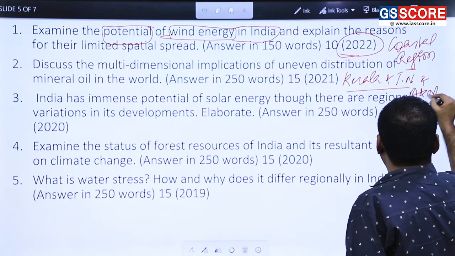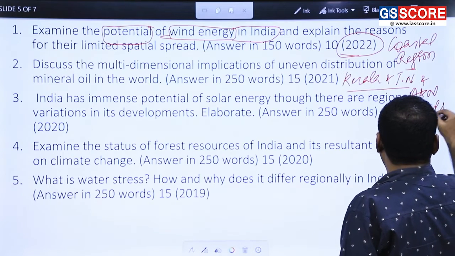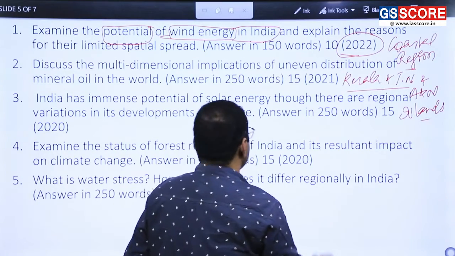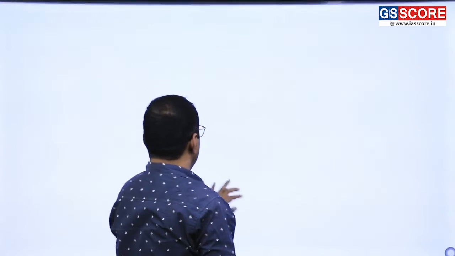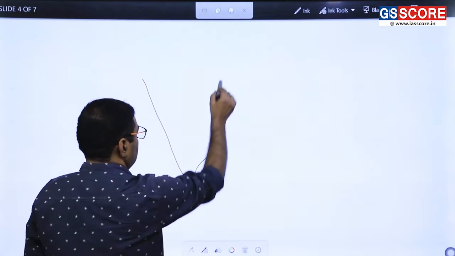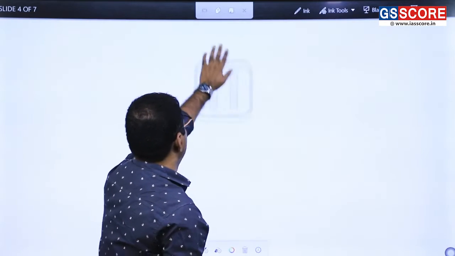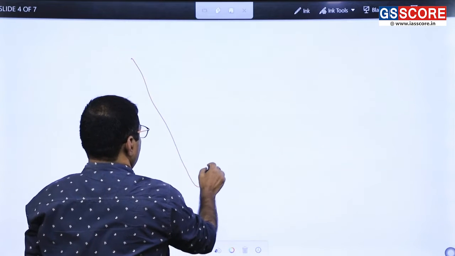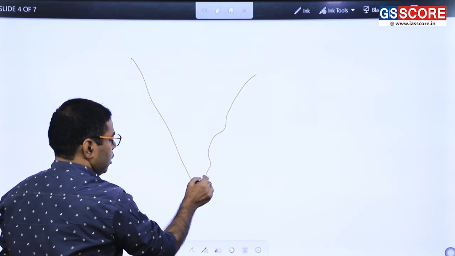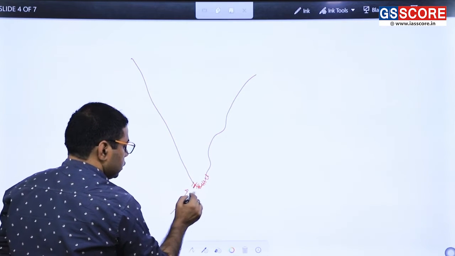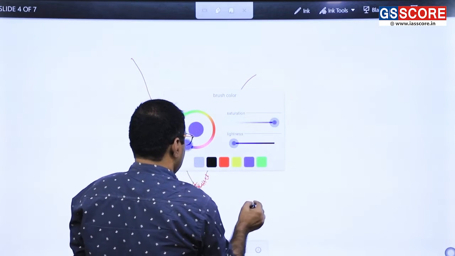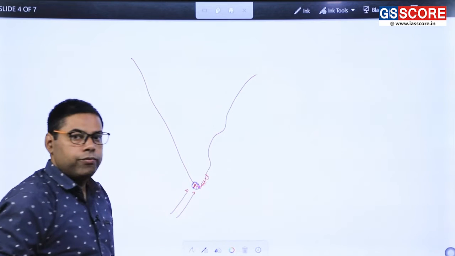Particularly, the advantage is with Kerala and Tamil Nadu, and the Andaman and Nicobar Islands, right? Why Kerala and Tamil Nadu specifically? If I explain this, this is the coast of Kerala and Tamil Nadu. Over these points, they have advancing monsoon winds, so here we can install wind fans.